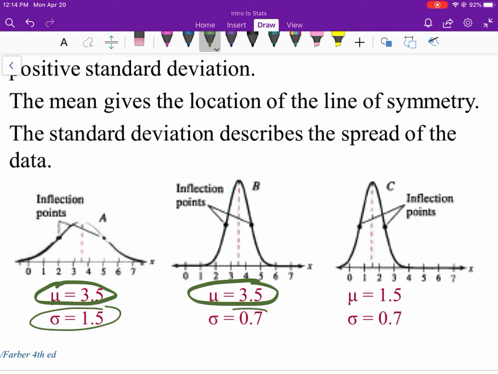When our standard deviation gets a little bit smaller, our curve is more compact. Over here, the difference between these 2 graphs would be that the mean has changed, but the standard deviation is the same. So the graph has the same shape, it's just slid down to the left.